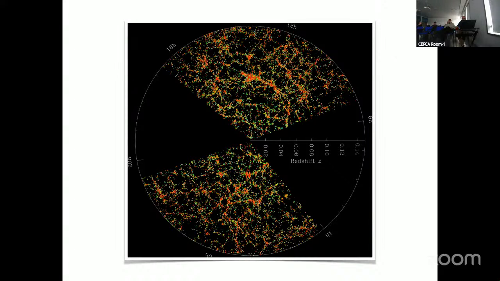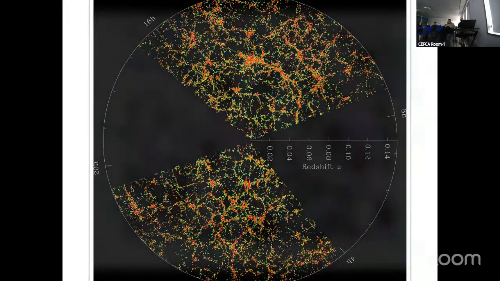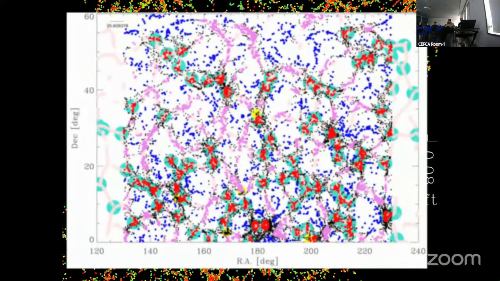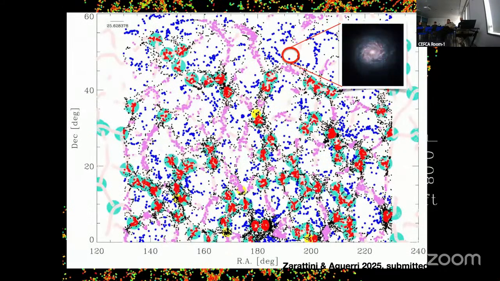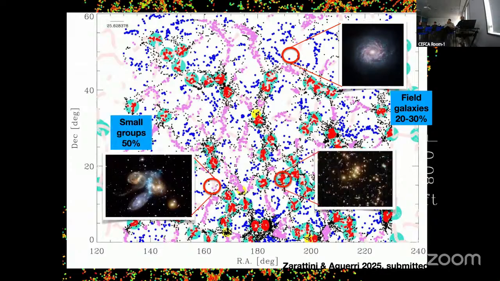You can see that the distribution of the galaxies on scales of megaparsecs is far from being uniform. If you focus on this region, you can see a variety of different structures: filaments, clusters, galaxy systems, with very different physical conditions.